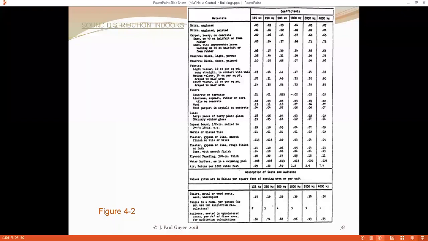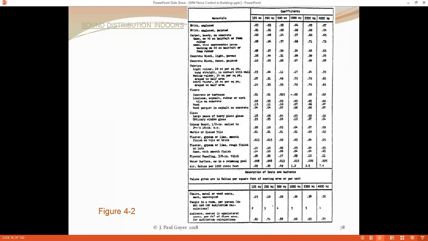The chipboard, the concrete masonry blocks, glass, et cetera, et cetera. And an important consideration is that of transmission loss.